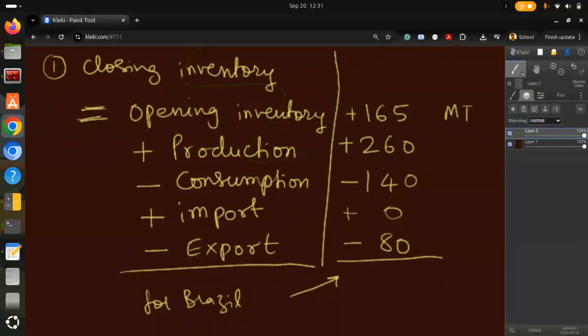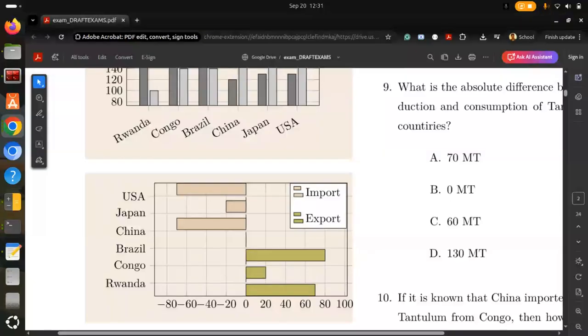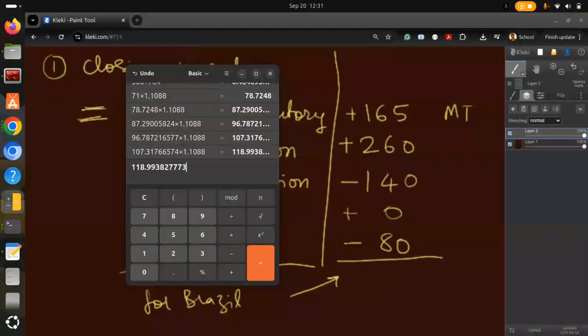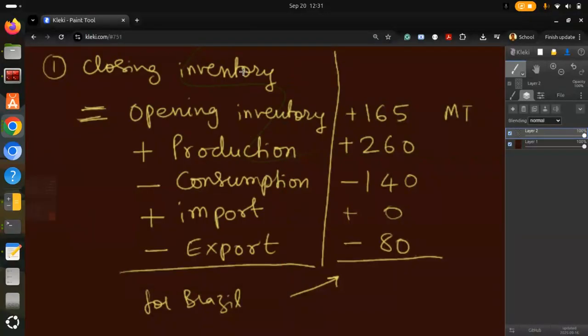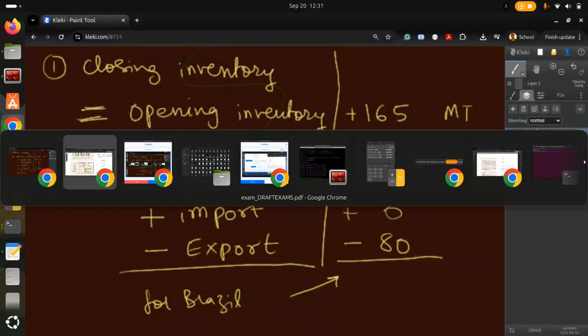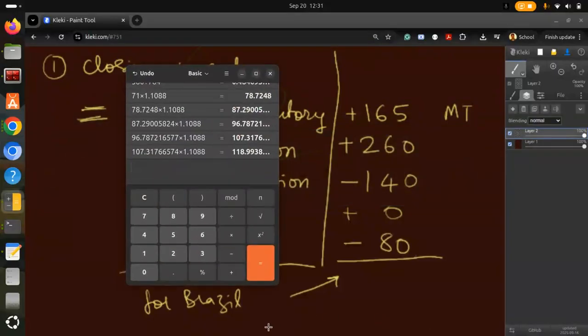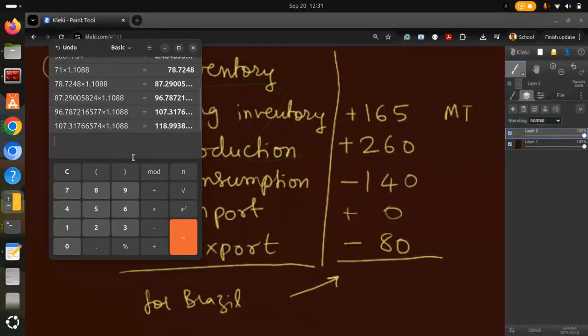I can do this with a calculator. 165 plus 260 minus 140 minus 80.